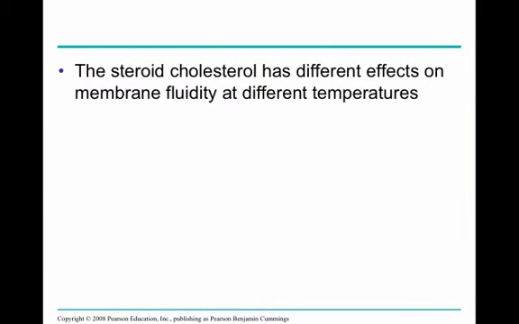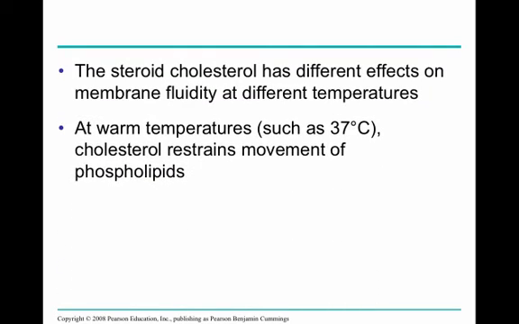Another way that we can help maintain fluidity and stability of a membrane is by the steroid cholesterol. Cholesterol is an important steroid. We talked about it before. Too much of it is bad, obviously, but in your membrane it's important because it has different effects. It can do different things depending upon the temperature of the organism. As temperatures start to warm up, fatty acids and oils and lipids will get more and more fluid.